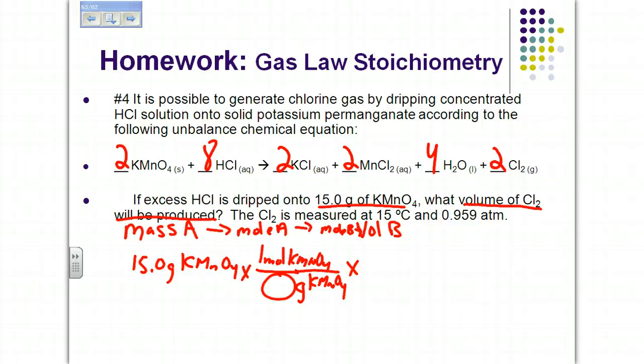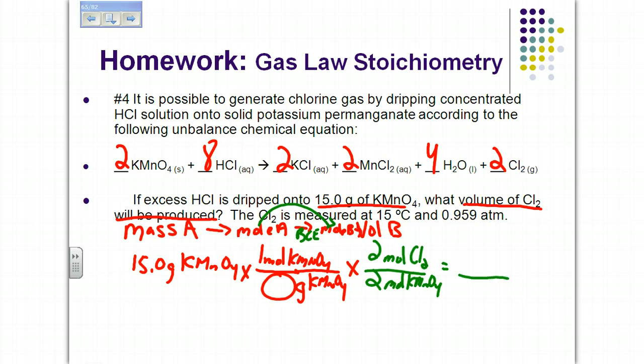Then I'm going to go from mole A to mole B using my balanced chemical equation. I have moles of KMnO4 on the bottom, and based on the balanced equation, that's 2. I have 2 moles of Cl2 up top. This is going to give me moles of Cl2.